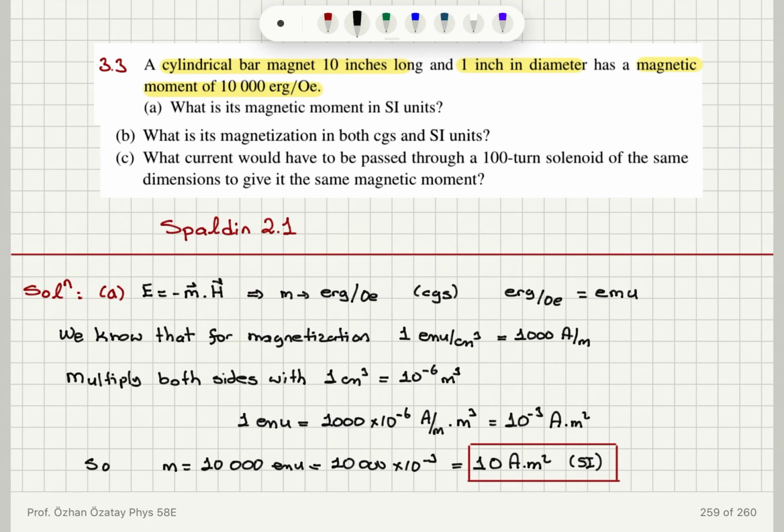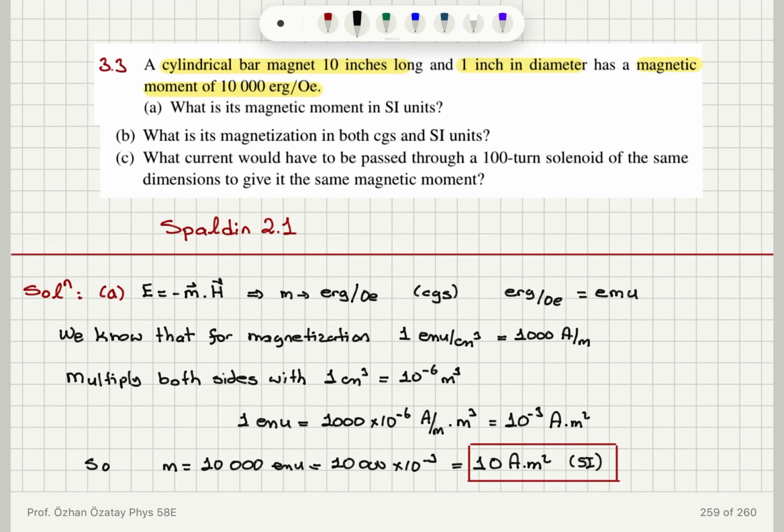Okay, so we worked with a cylindrical bar magnet that is 10 inches long, 1 inch in diameter, magnetic moment 10,000 ergs per oersted or EMU. The magnetic moment in SI can be found by converting the magnetization in CGS to magnetization in SI. That is 1 EMU per centimeter cube is 1000 ampere per meter.